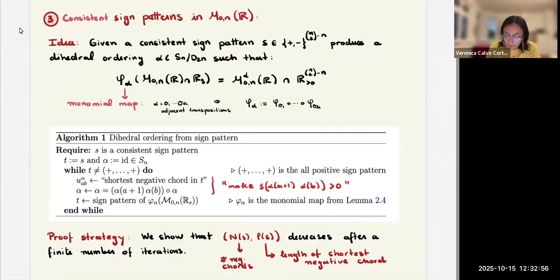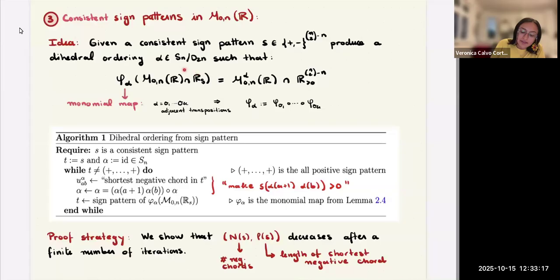And so I want to produce a dihedral ordering that satisfies the following condition. If I take the corresponding monomial map, so I have a dihedral ordering, I write it as adjacent transpositions, and then I take the composition of all of the maps, as I was describing before.